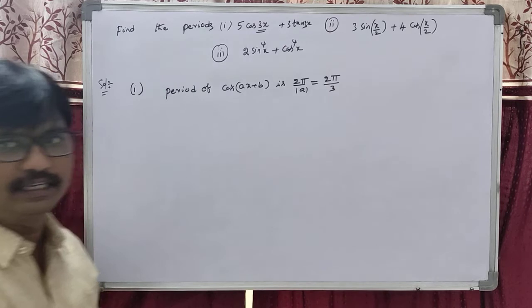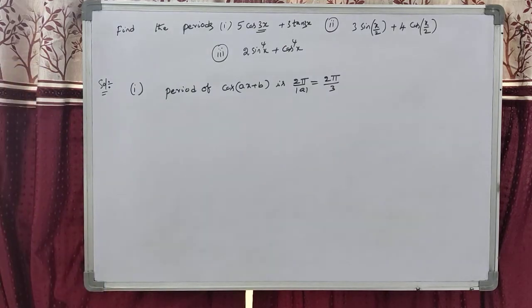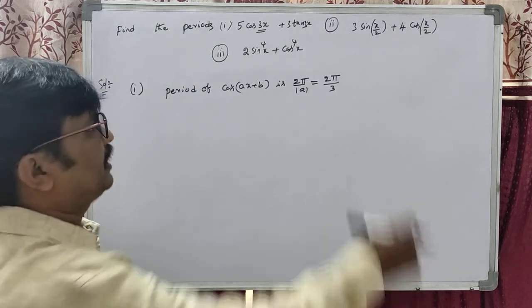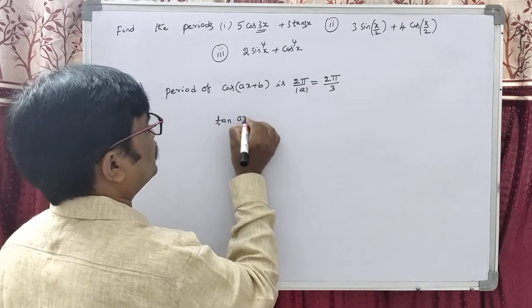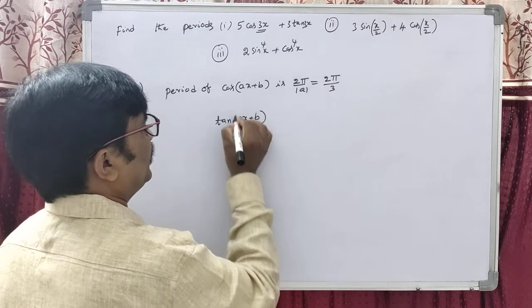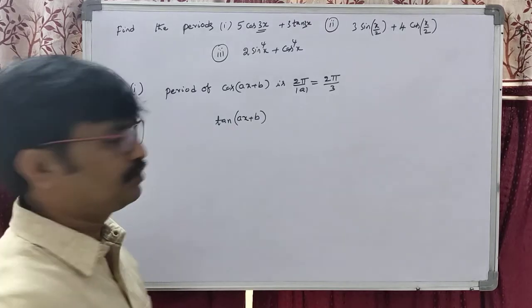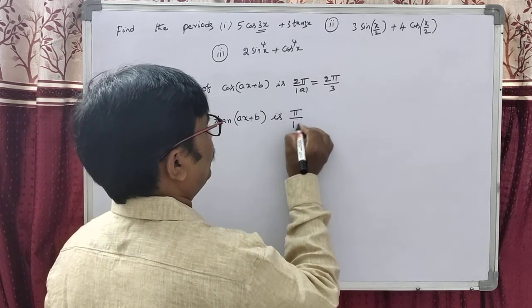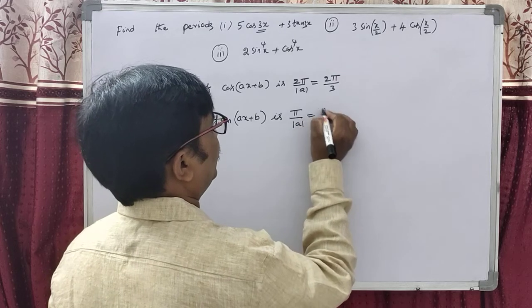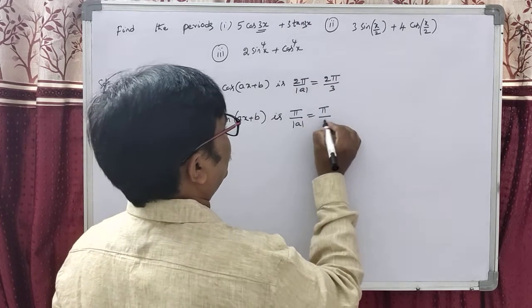Is it clear, students? Now the period of tan of ax plus b is pi by modulus of a. That is pi by 3.